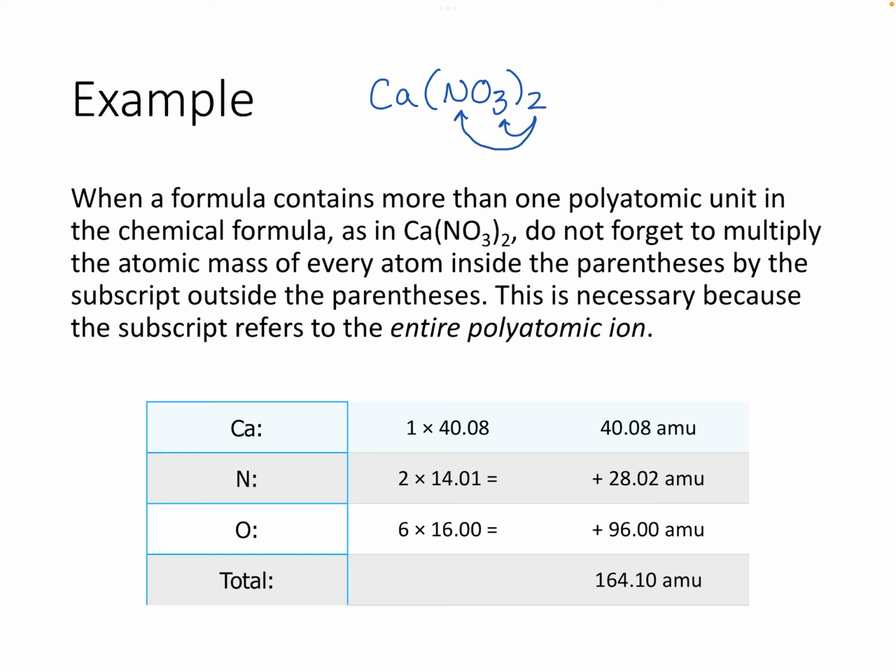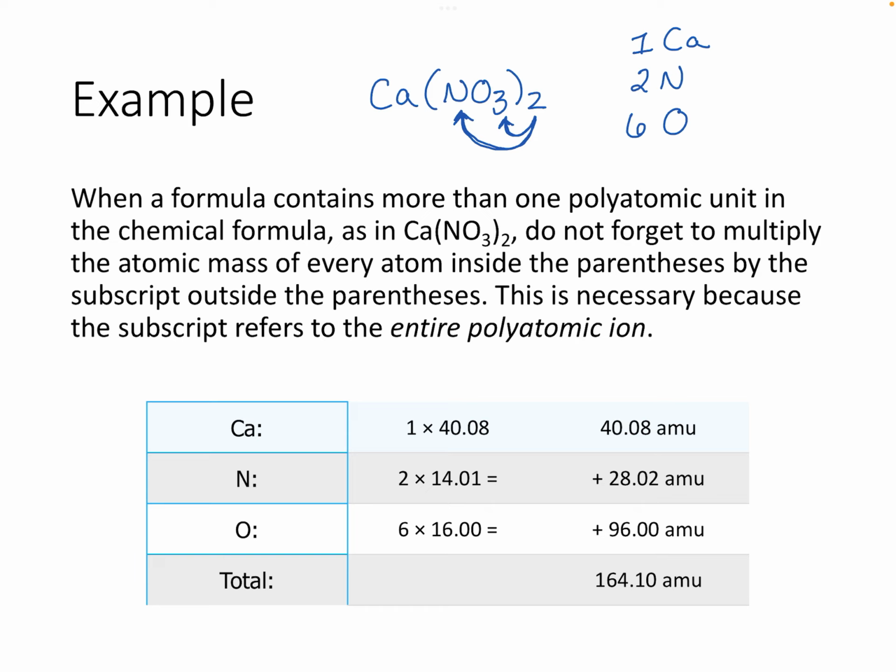So that means we have 1 calcium, 2 nitrogens, and 6 oxygens, because we have 2 times the 1 nitrogen and 2 times the 3 oxygens. All right, so we have to be careful when we have multiple polyatomic ions. We want to make sure that we're calculating the right number here.